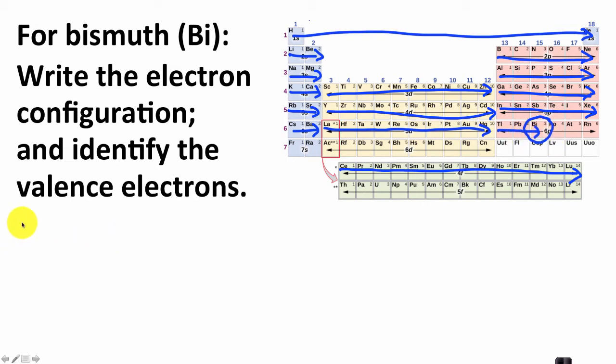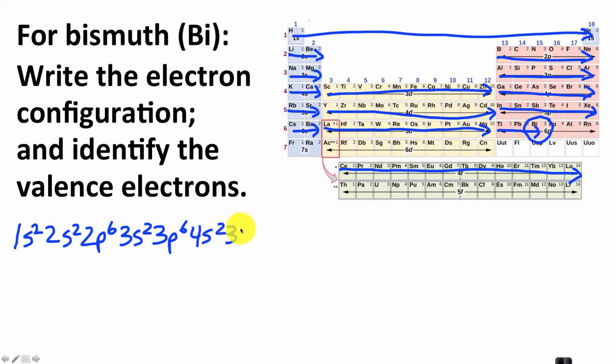So if we write all of this out, 1s2, 2s2, 2p6, 3s2, 3p6, 4s2, 3d10, 4p6, and that gets us up to krypton.